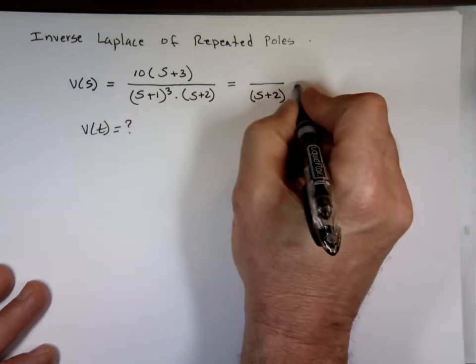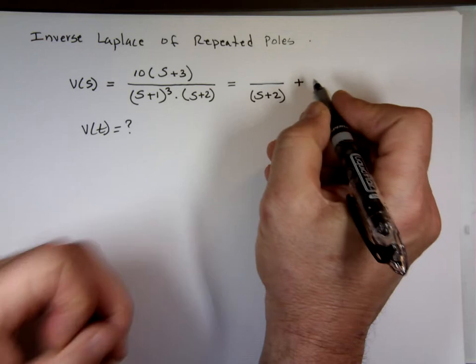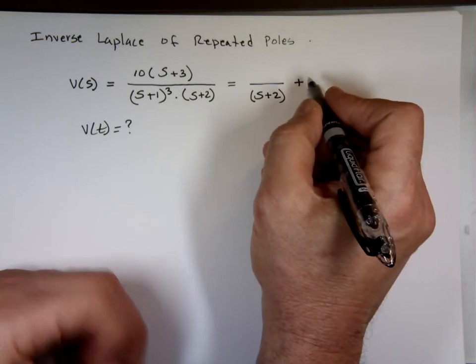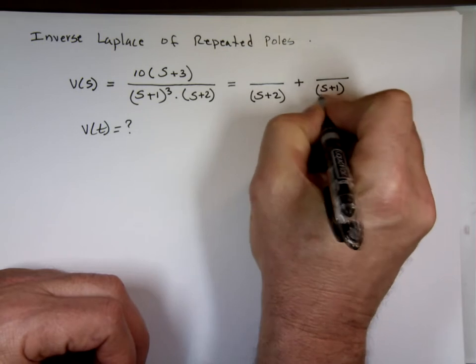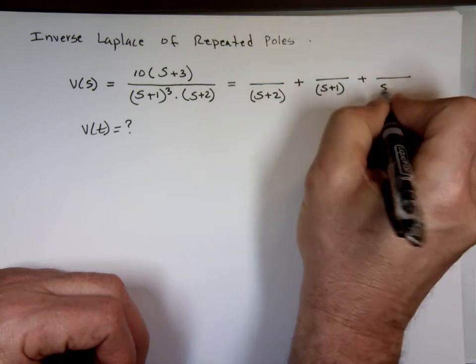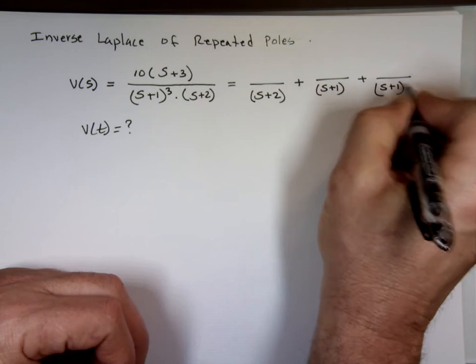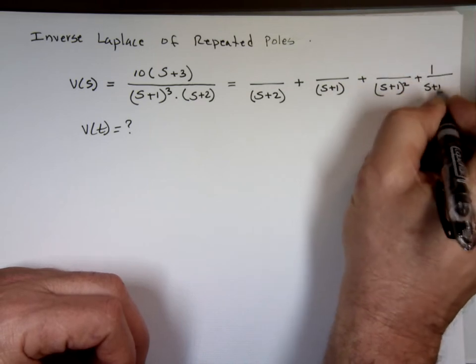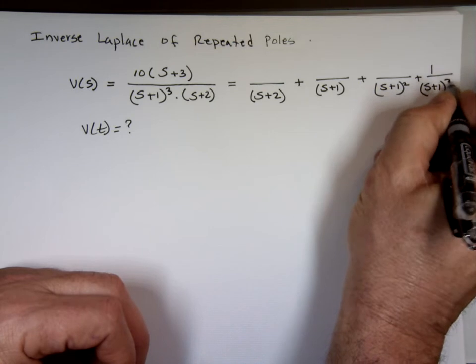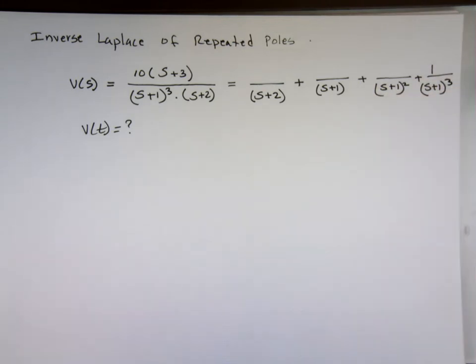But the S plus 1 is repeated, so maybe you'll put that over S plus 1 squared, S plus 1 cubed. I don't know if that's how you did it in math.